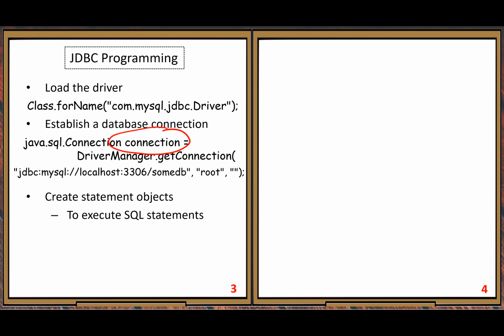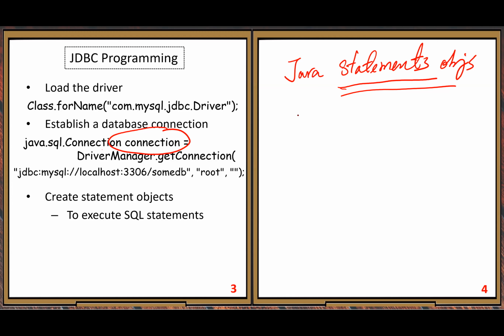Java statement objects. So we need to do queries, so we use this. Then in SQL, we have SQL statements.